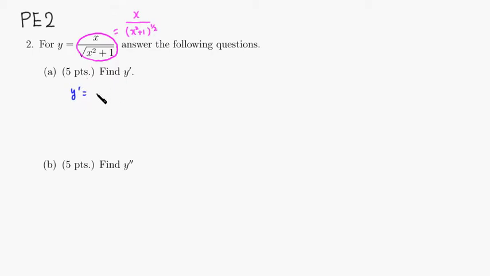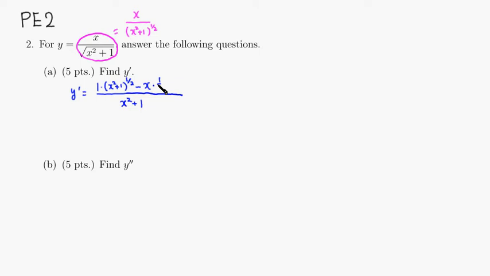Since this is a quotient, I'm going to apply the quotient rule. First thing is square the bottom, so we'll get simply x squared plus 1. Derivative of the top is 1 times the bottom, which is x squared plus 1 to the 1/2 power, minus the top guy times the derivative of the bottom guy.